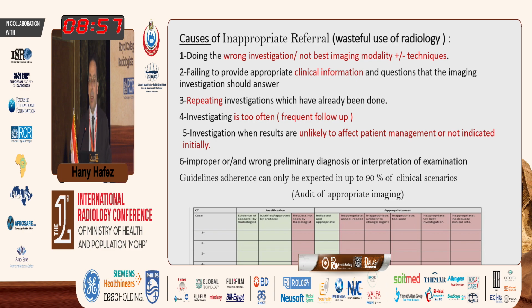The causes for an inappropriate referral: doing the wrong investigation, or not the best investigation, modality or technique; failing to provide appropriate clinical information; repeating investigations which have already been done; investigating too often; investigations whose results are unlikely to affect patient management or which were not indicated initially; and improper or wrong preliminary diagnosis or interpretation of examination.